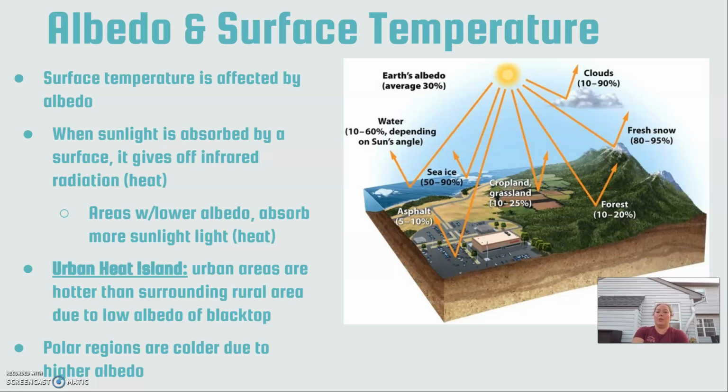Urban heat islands are areas that are hotter than the surrounding rural area because of paved surfaces, blacktop, and buildings, where you see forested areas taken away. That means it's hotter there than it is maybe in the suburbs. The polar regions are cooler, mostly due to the higher albedo of the sea ice and any land ice that's there. That's going to reflect off a lot of heat.